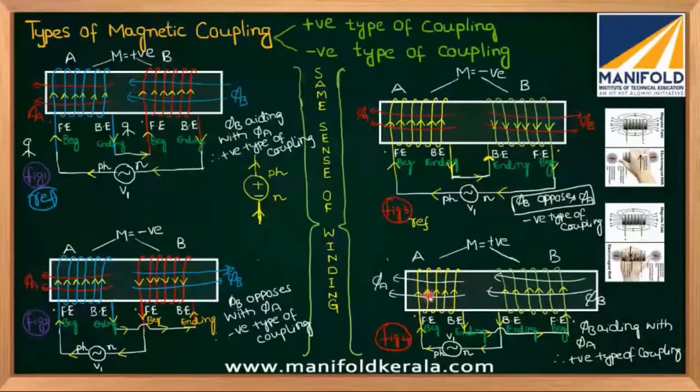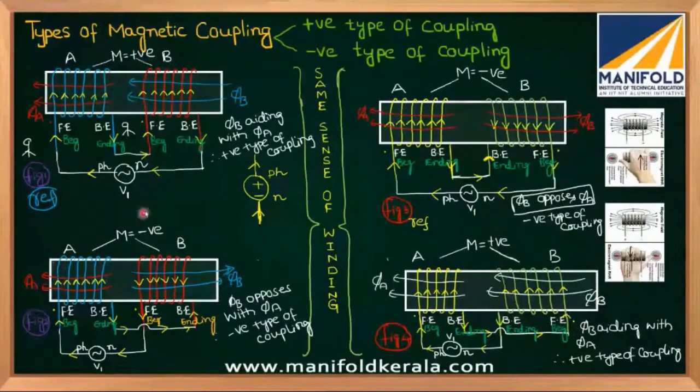Can I take figure number 4, please? See, in figure number 4, in coil A, current is entering a dot. And coil B, is current entering or leaving?